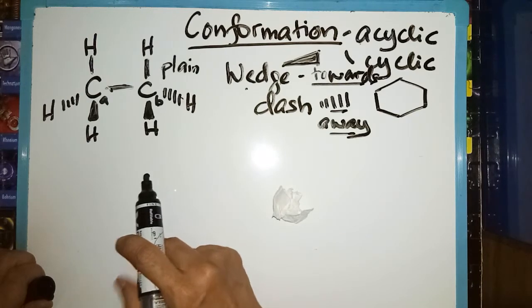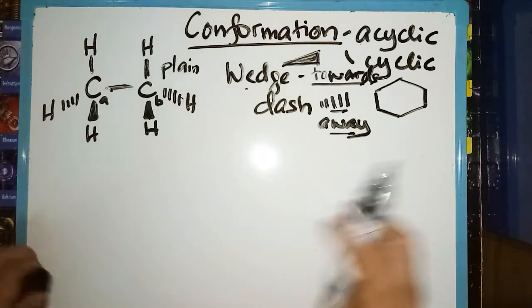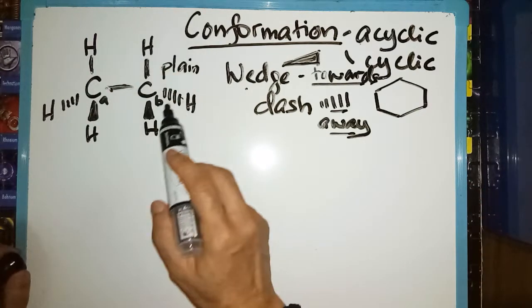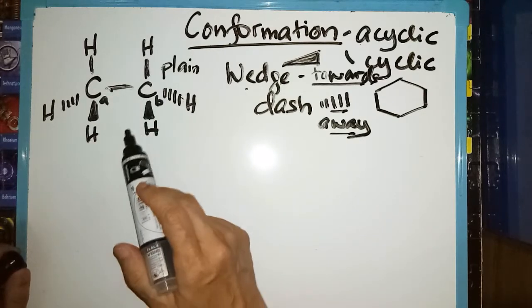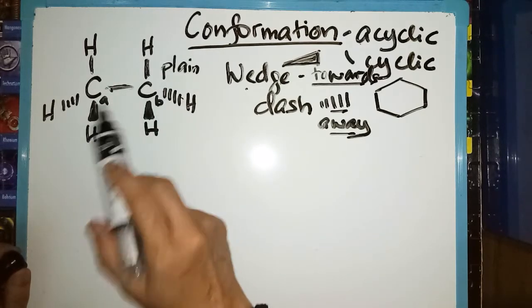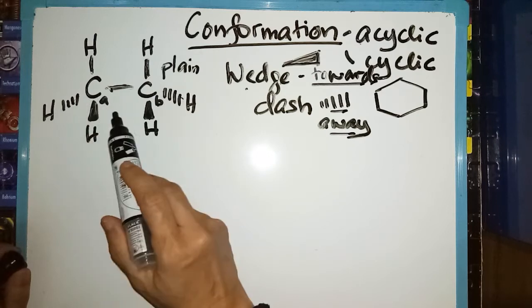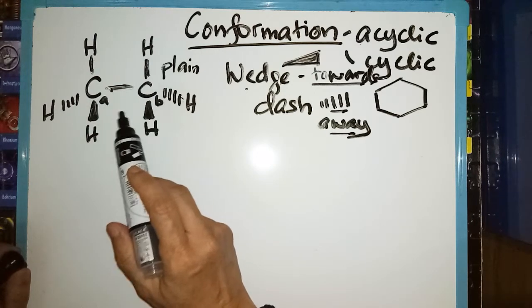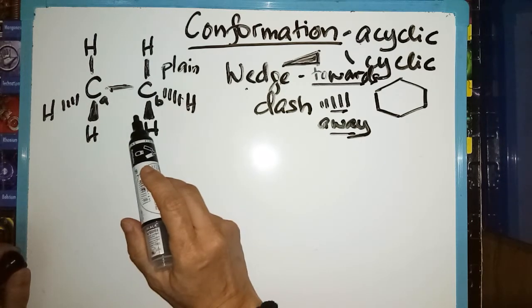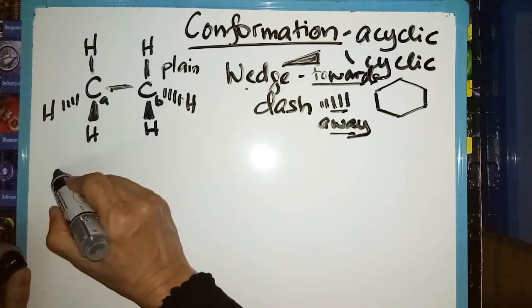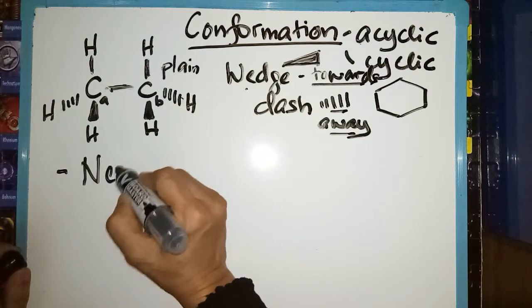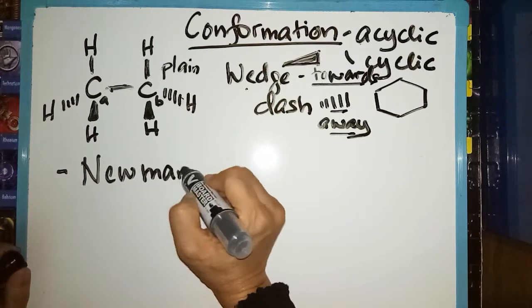Okay, and before I go on with the rotation, I need to explain that we can write this particular compound, the 3D compound, in a few forms. And the forms are called, one is Newman projection.